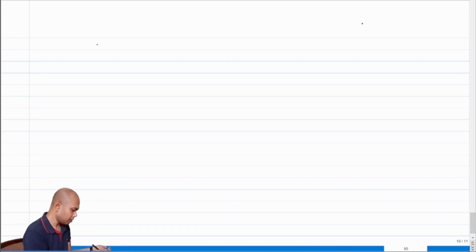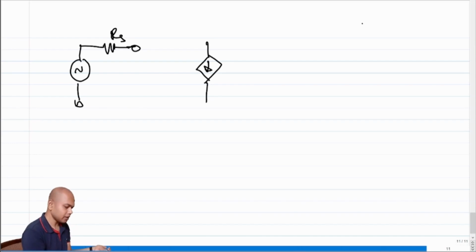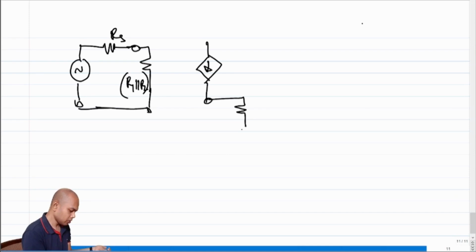Then what will be the incremental equivalent? The incremental equivalent will be RS. Let me put back that R1 parallel R2 now, because we would want to make the full blown circuit also. So this becomes RL, right?